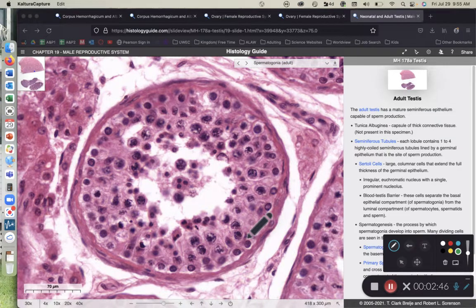So we have a primary spermatocyte, for instance, right here next to the spermatogonia. Here's another primary spermatocyte, and these primary spermatocytes are going to be precursors for our spermatids.